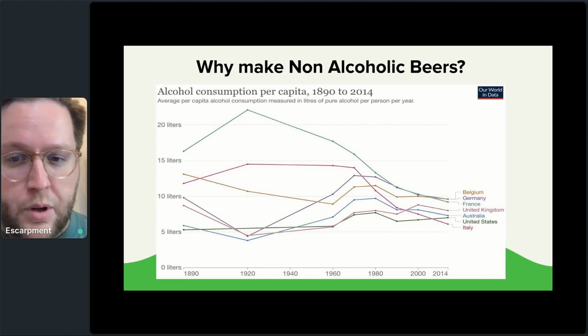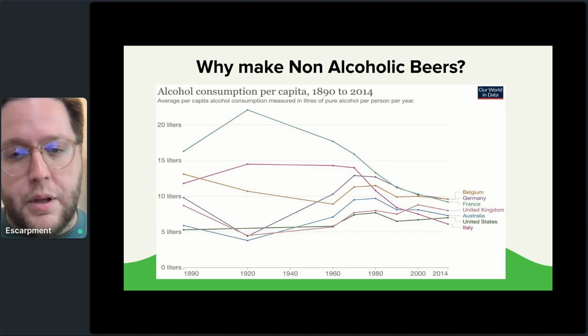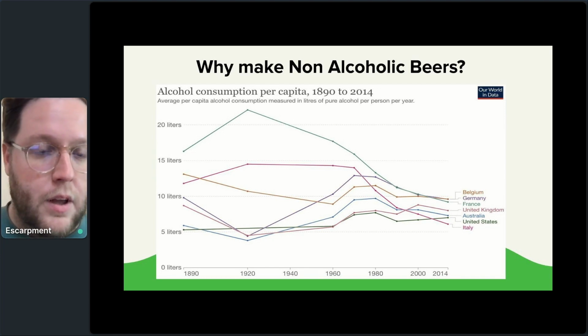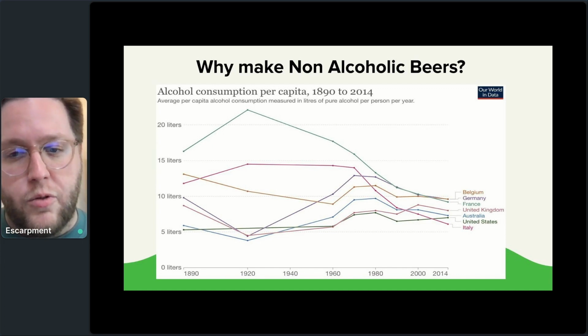And here's an illustration of some of the challenges with beer. Alcohol consumption per capita in at least most of the Western world has not been going up. You do see a little bit, if you look at this graph, a little bit of growth in the US on that per capita basis, but this ends at 2014. I know that there is some more recent data out there that shows a decline in alcohol consumption, including the US, including Canada.